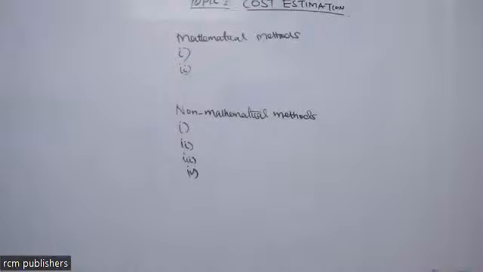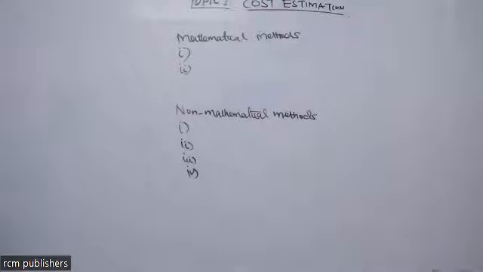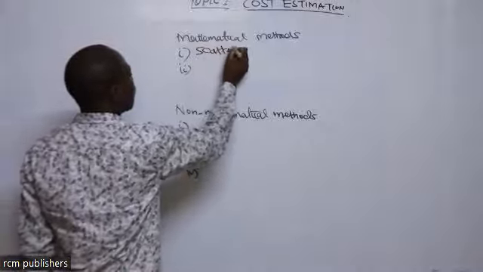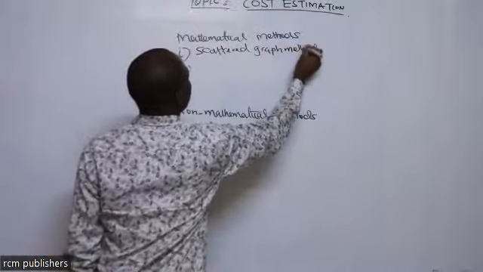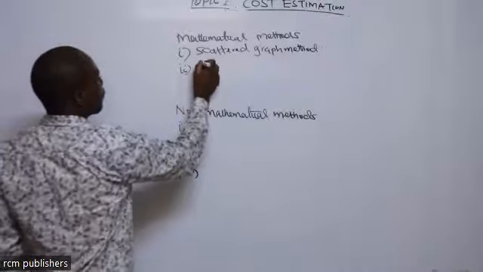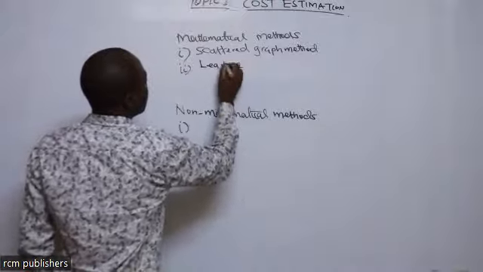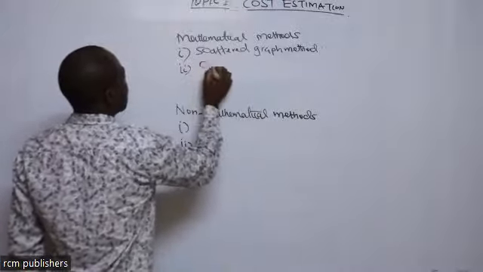One of the non-mathematical methods which we have is accounts analysis. So the mathematical method is the scatter graph method. Then number 2, we have the ordinary least squares.